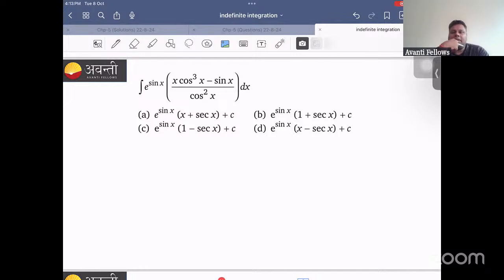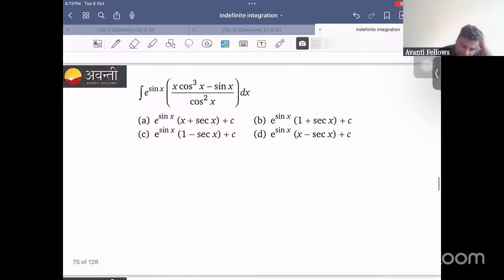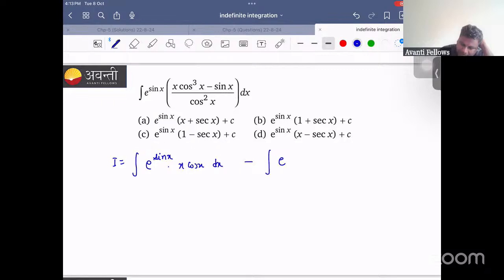See, that is enough. Now, let me try. See, how do we do it? The question is I equals integration e to the power sin x into (x cos x) minus integration e to the power sin x into sec x tan x.